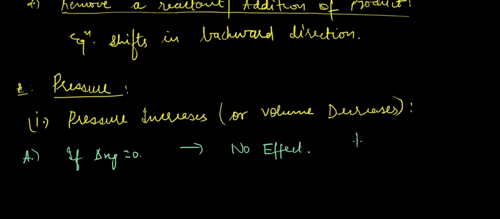Why? Because as delta ng equals 0, Kp would be Kc(RT)^delta ng. In other words, Kp depends on the partial pressures of products.